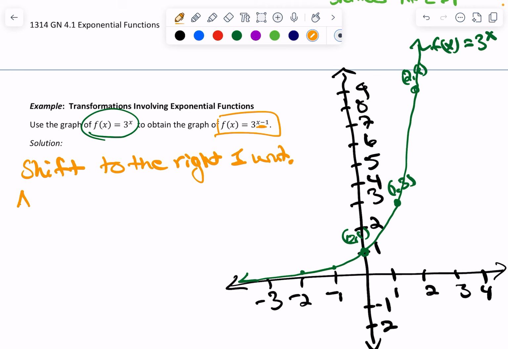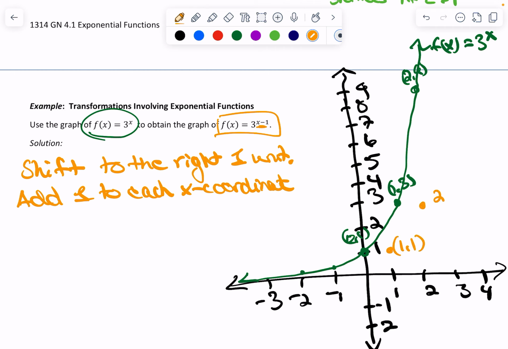What we're actually doing is adding 1 to each x coordinate. So our 0, 1 is going to be 1, 1. 1, 3 is going to be 2, 3. And 2, 9 is going to be 3, 9 because we're adding 1. And here, the -1 and 1/3 is going to be 0 and 1/3, and then we're coming down again. So this is what the transformation looks like.